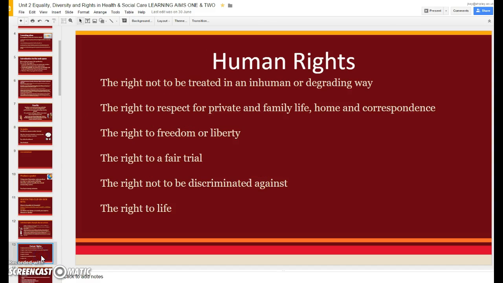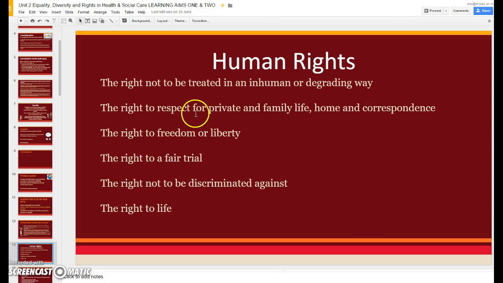Ultimately, these are the rights that we all should expect wherever we go for treatment or care. So the right not to be treated in an inhuman or degrading way. If you're not sure what these words mean, please look them up so you'll have your own definition, or add them to your list for our glossary of terms.